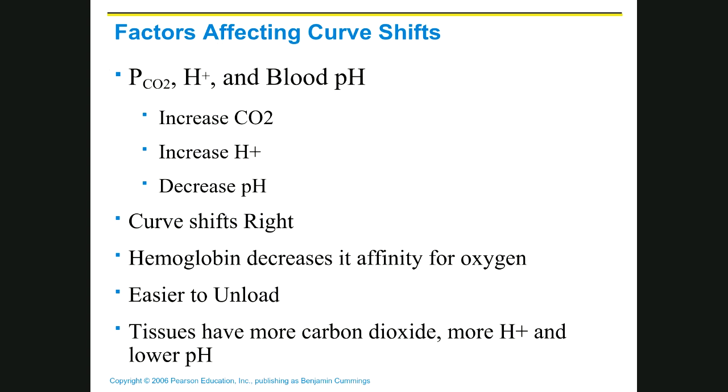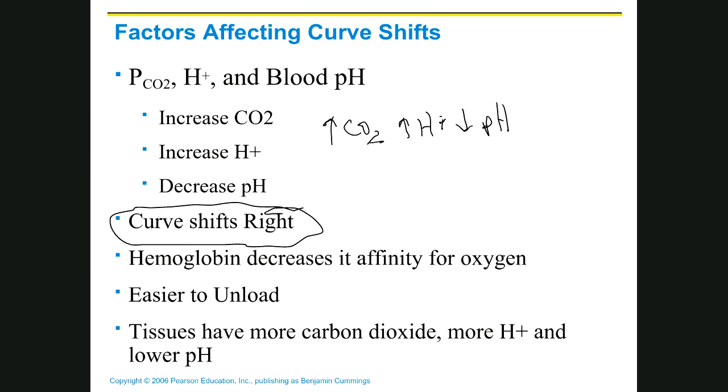So if I increase carbon dioxide or I increase hydrogen ions or I decrease pH, any one of these is going to make the curve shift to the right. The curve shifts to the right. Well, we already know if the curve shifts to the right, what does that do to affinity?